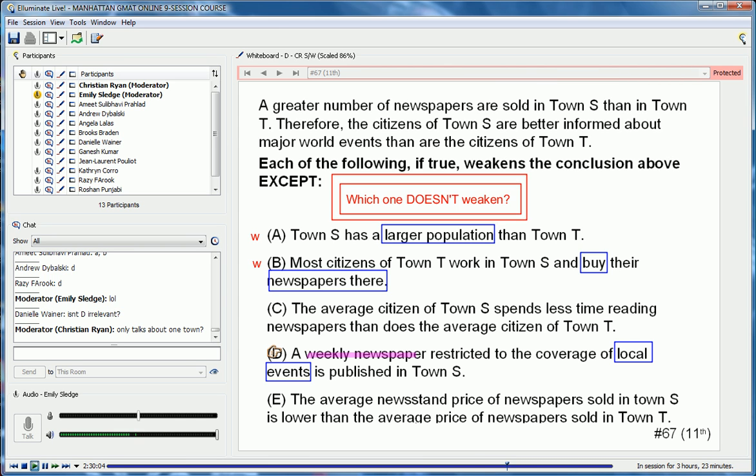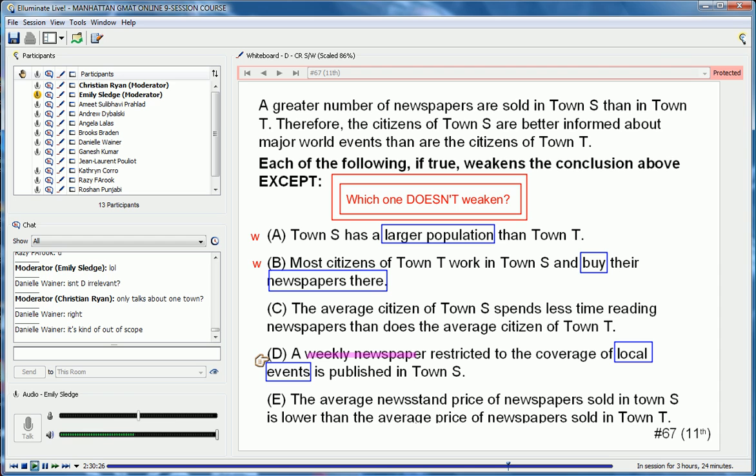Okay, so you're viewing this weekly paper as in addition to the newspapers that are mentioned up in the argument, there's this other weekly paper. And I bet you're not alone there. Here's the GMAT insight.